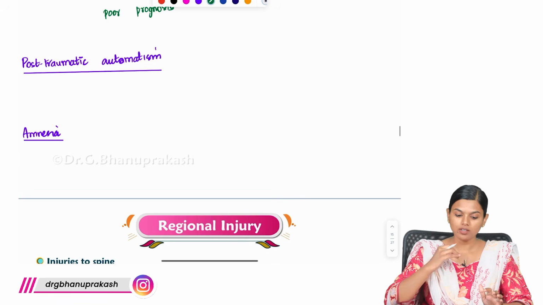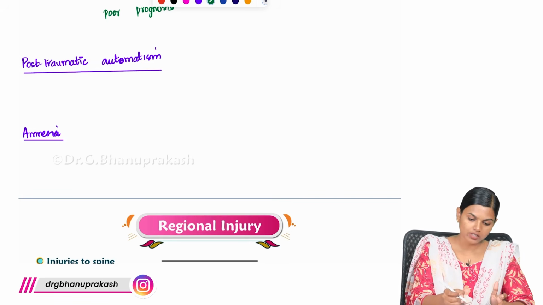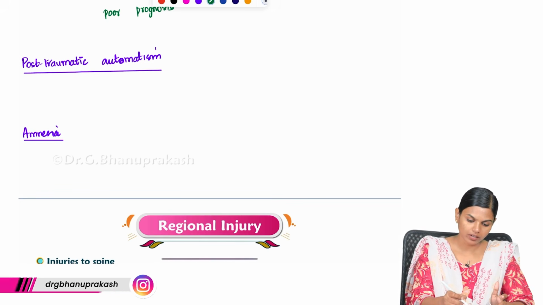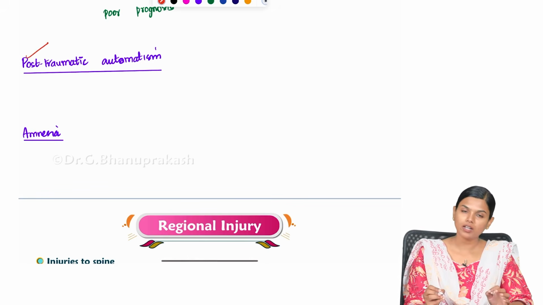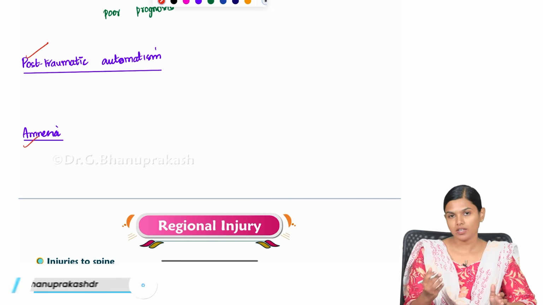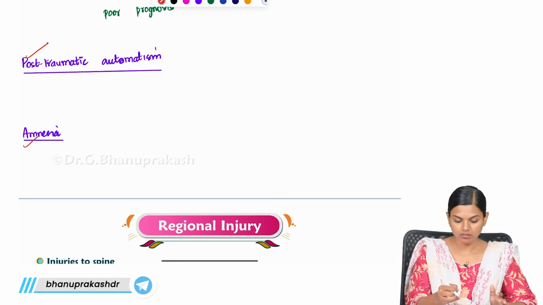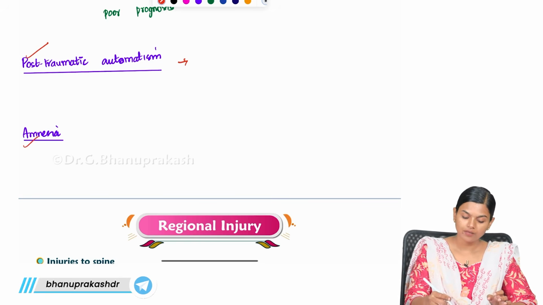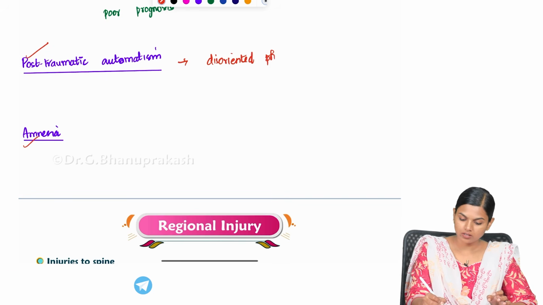Now in all these brain injury, what will happen is that there are two things which is medico-legally significant. So first is this post-traumatic automatism, and next is this amnesia. So in cases like certain very severe head injury, what will happen is that they will be in this disoriented phase.